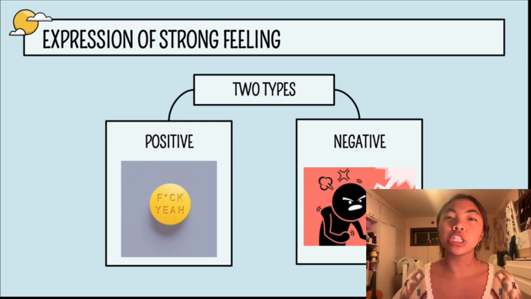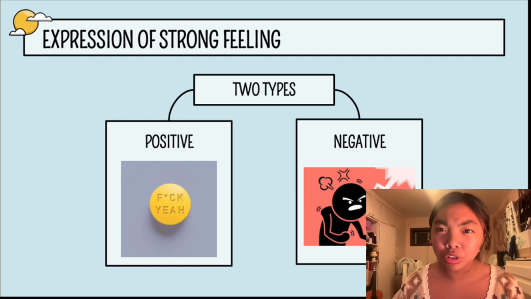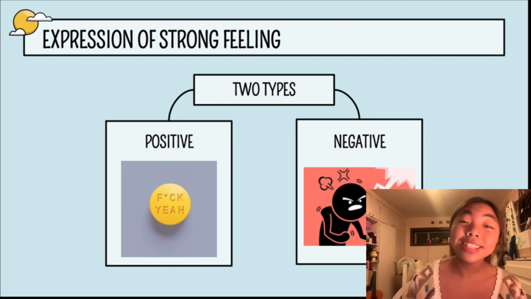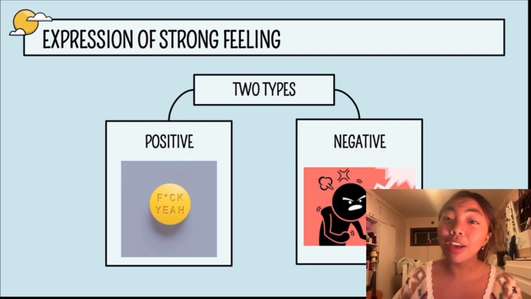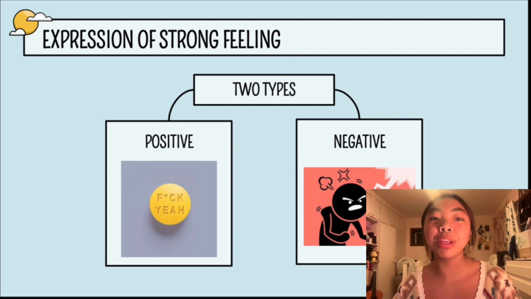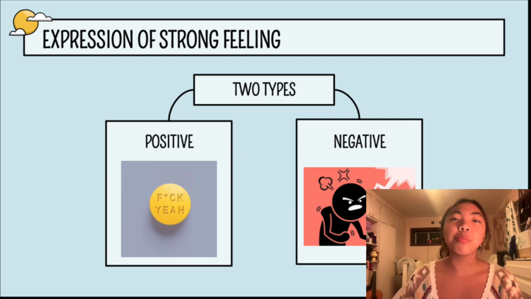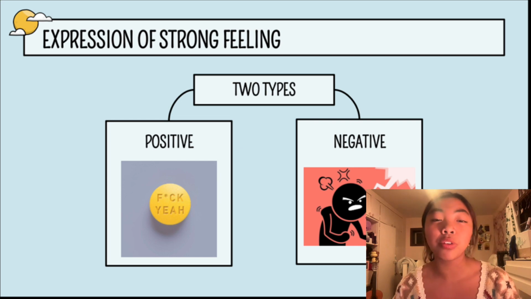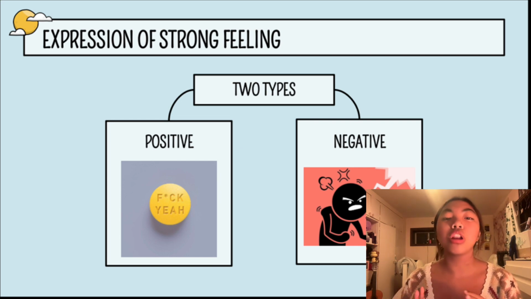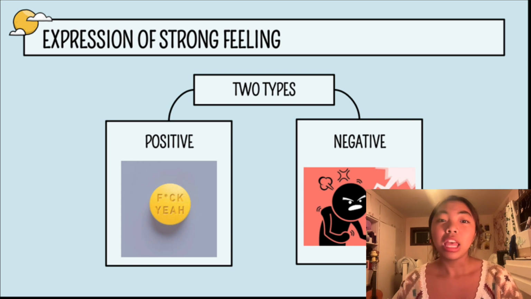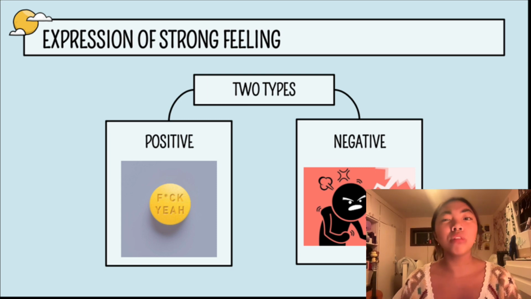Now, the next way swear words are mainly used is to express a strong feeling. If swearing is considered inappropriate, how can one swear in a positive way? Well, that's easy. Like shown in the picture on the left, swearing can be used to hype someone or something up. So if someone is swearing in an excited or positive way, you know that they are just emphasizing the strong feeling of excitement. When someone swears in a not-so-positive way, they're usually swearing through anger and rage.